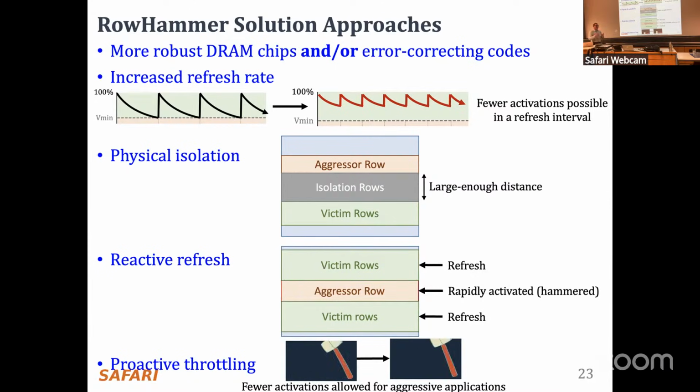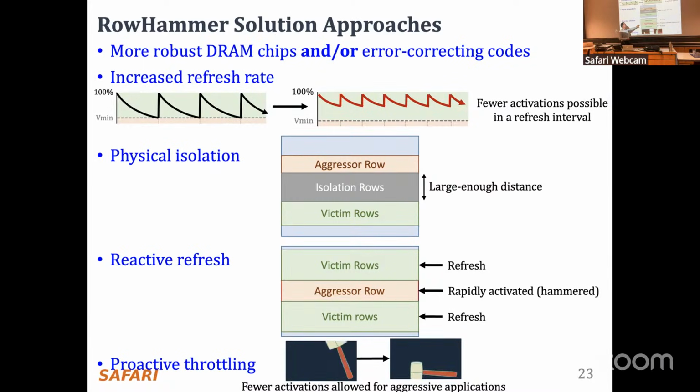That's why having a better interface actually enables better solutions on the DRAM side as well. So DRAM can say basically, I'm not going to service this request right now because there's something important that I'm doing, for example, meaning RowHammer protection. Or I'm throttling you because I'm in danger of getting a bit flip in this region that you're trying to access, right? So that's the throttling part.